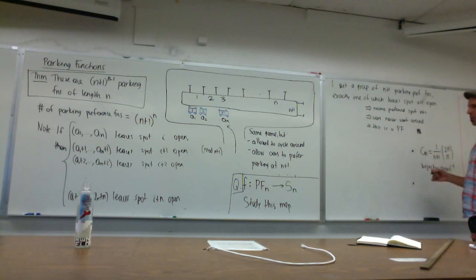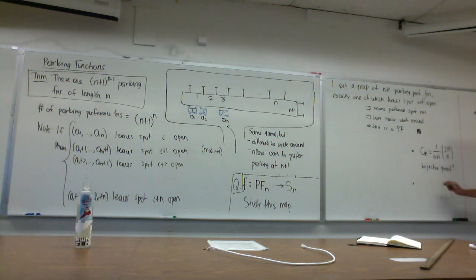And then the other thing that I want to point out is that the number of parking functions of length n, these guys are in bijection with the trees. Let me just spell it out.